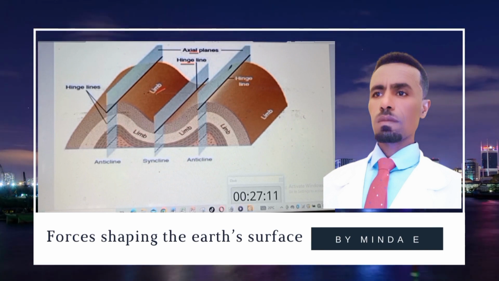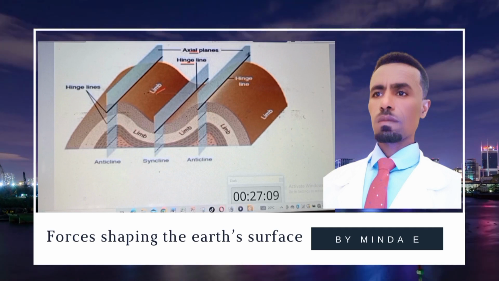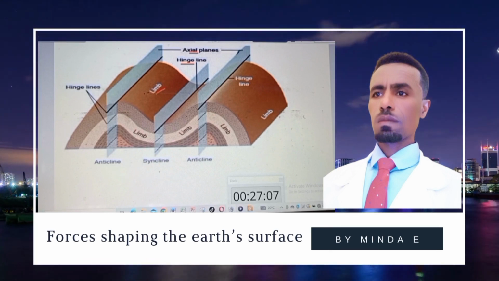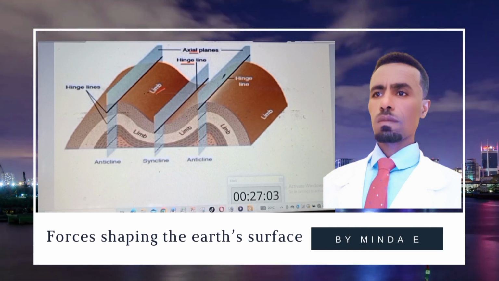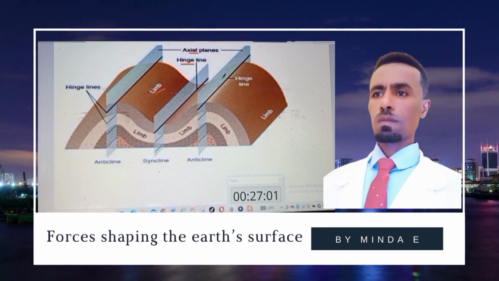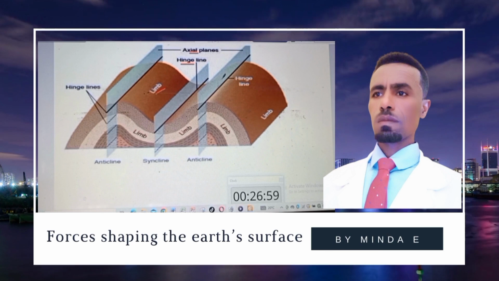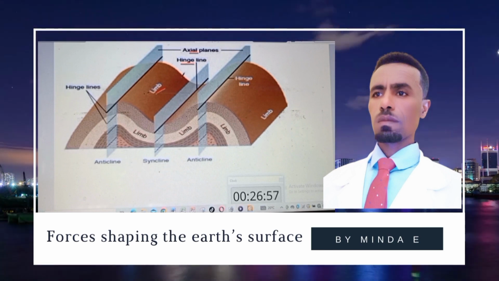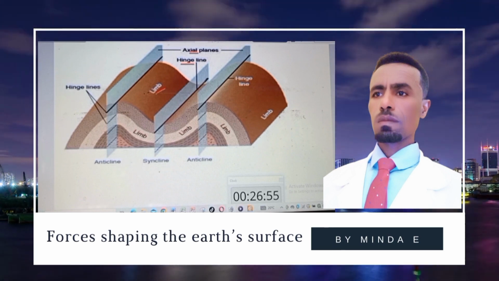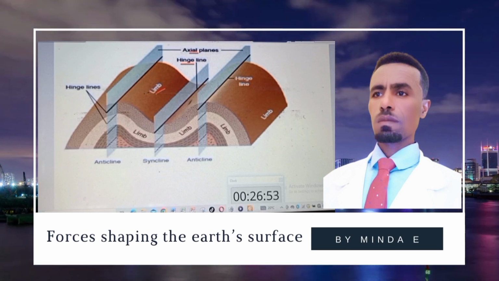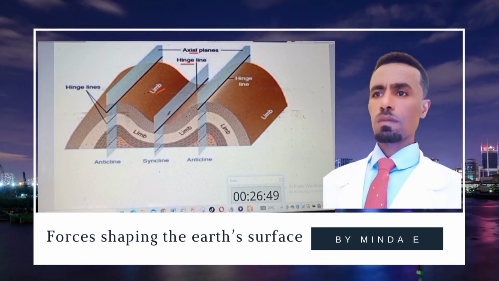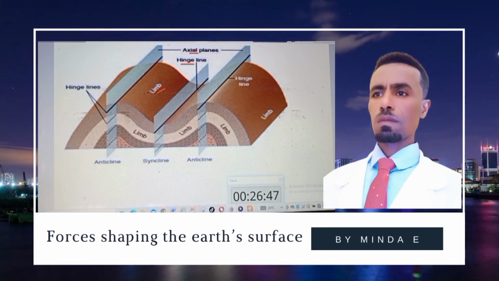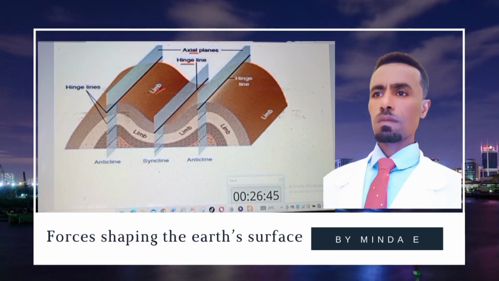The axial plane is a plane which divides the fold into two halves. And the hinge line is a line which marks the folds, just like this.